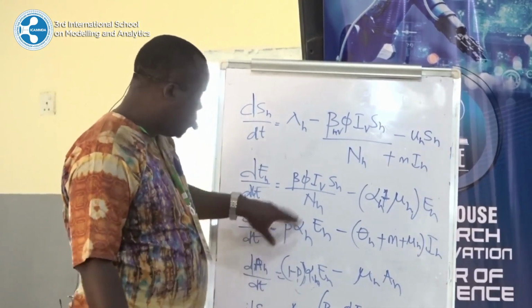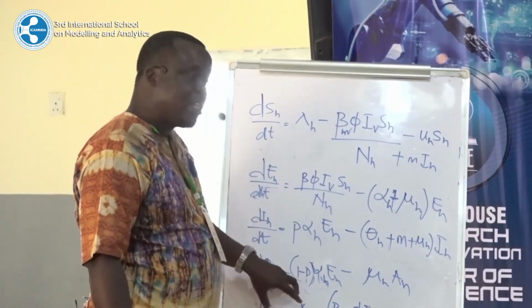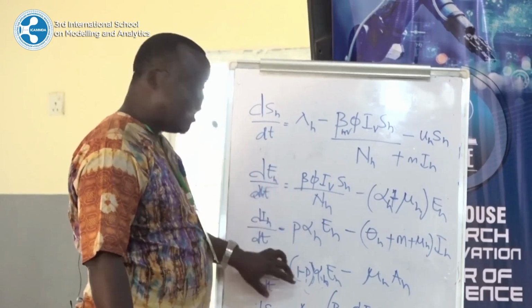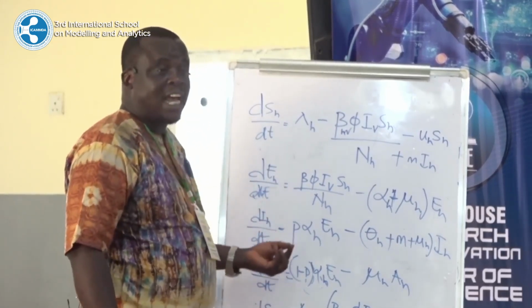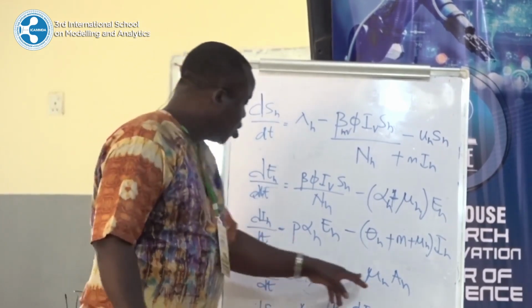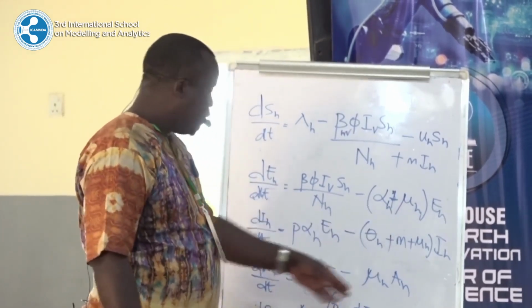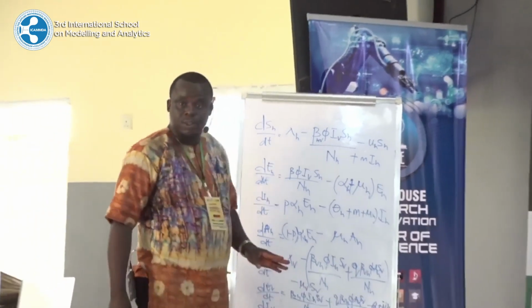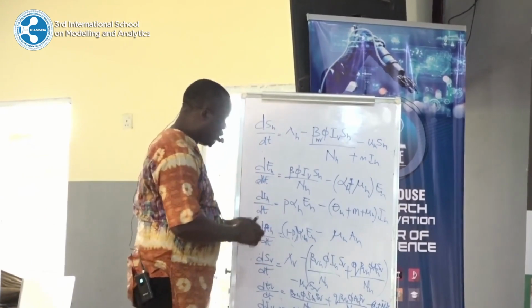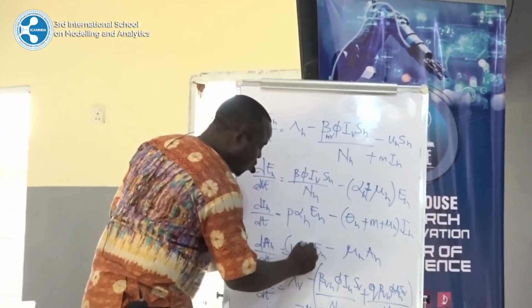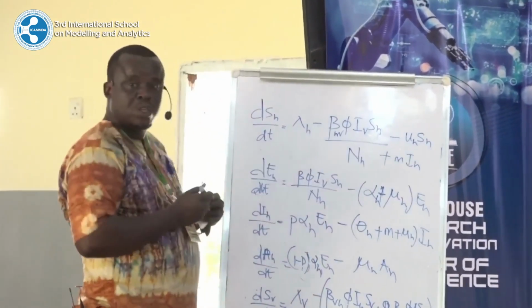So it means that 50% may come here, and 50% comes there. But most times it's either 20-80. Most times the asymptomatic are 80% of the population. So minus the rate at which people die, and alpha H, the rate of progression from the exposed.